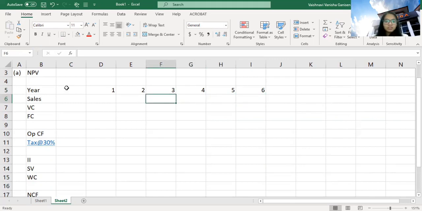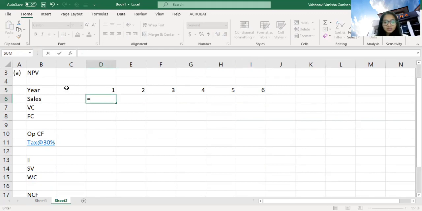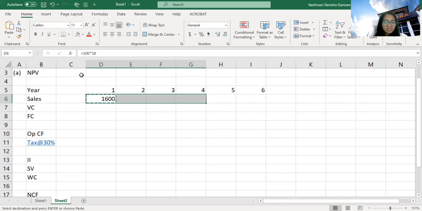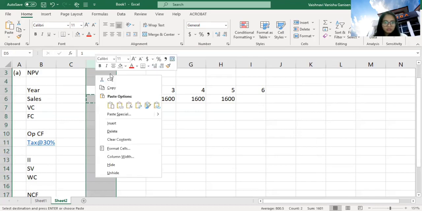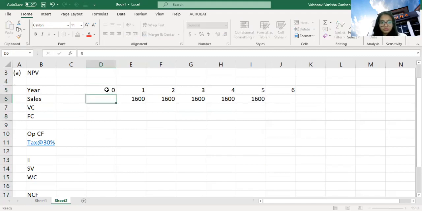Okay. Now, your sales is 100,000 units, okay? And then your selling price per unit is $16. So you copy, you paste it all the way until year 5. Okay. Year 0. Okay.